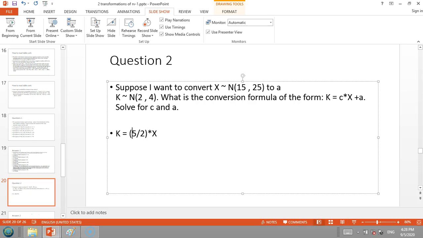In this case, the variance of k is going to be 5 over 2 times the variance of x, and the variance of x is 25. That's right, so it should be here 2 over 5.